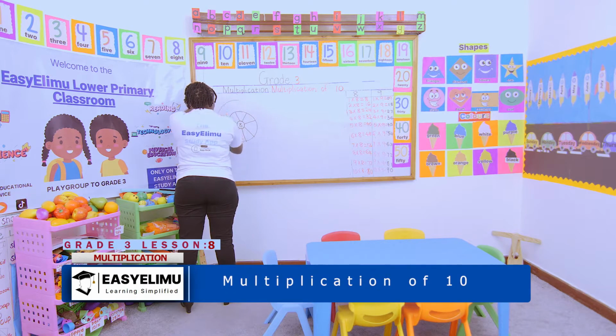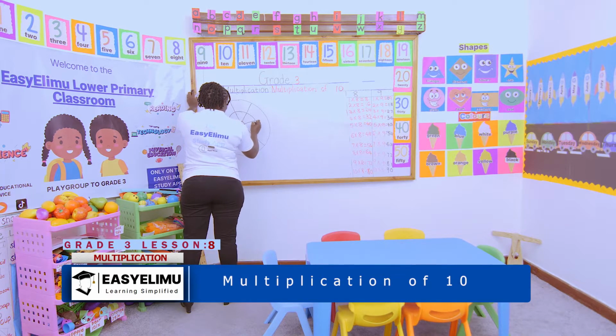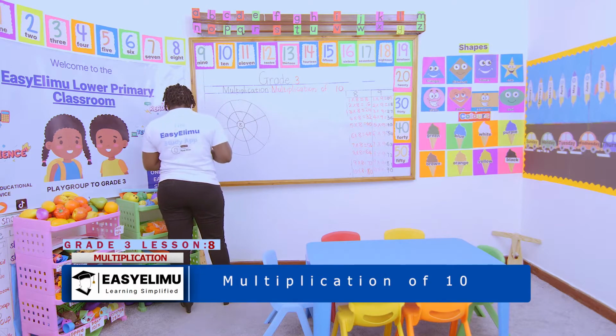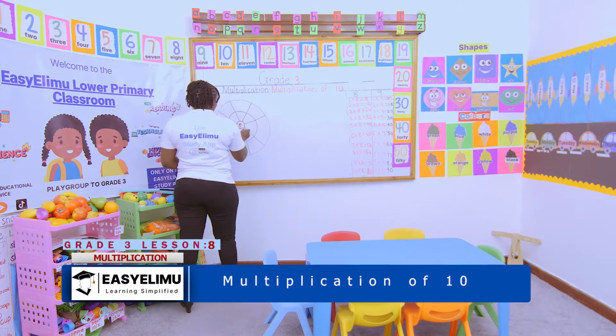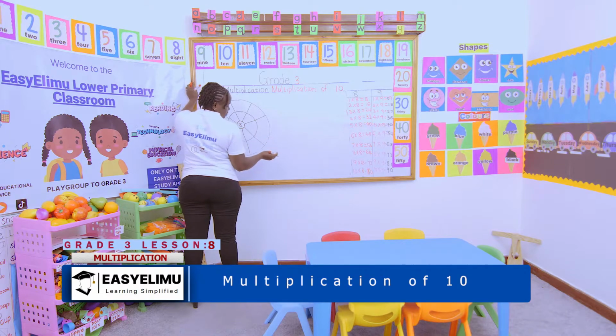And now the outer circle is where you put your answers. So it is as simple as that. I'm only showing you this example, and then you will do for numbers 9 and 10. So if 8 is my main number, I'll write here 2, 3, 4, 5, 6, 7, 8, 9.